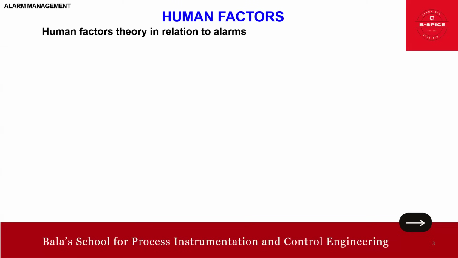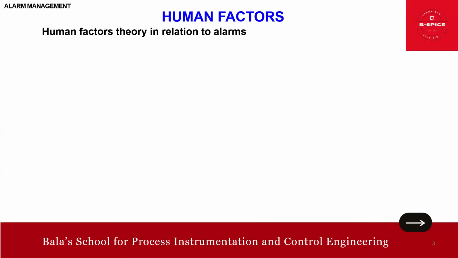Friends, the effectiveness of an alarm system is not only determined by the hardware components. The alarm system should be consistent with human capabilities and limitations. That is what I meant by human factors.